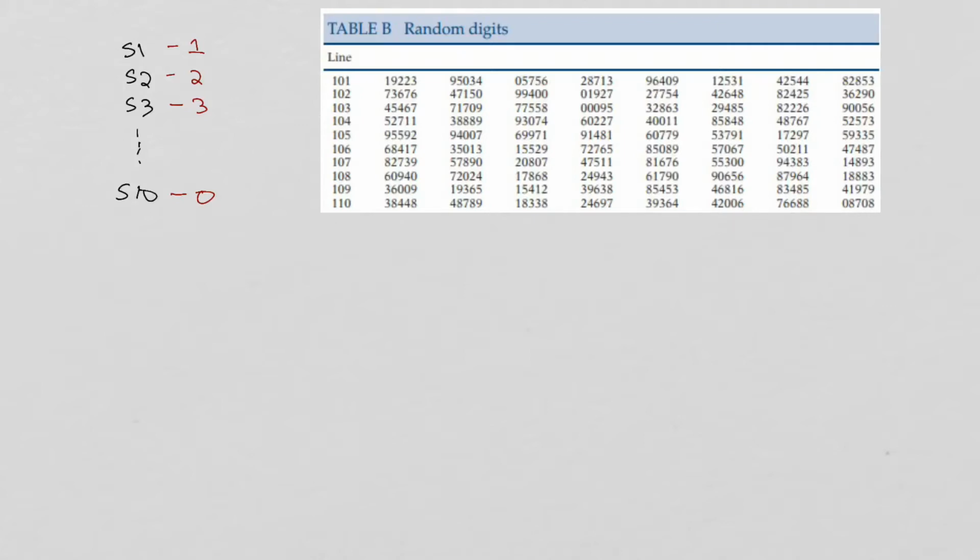Then what you want to do to construct your simple random sample is pick a line at random. In this case, let's pick line 106 there. Then we go along and read through these numbers.